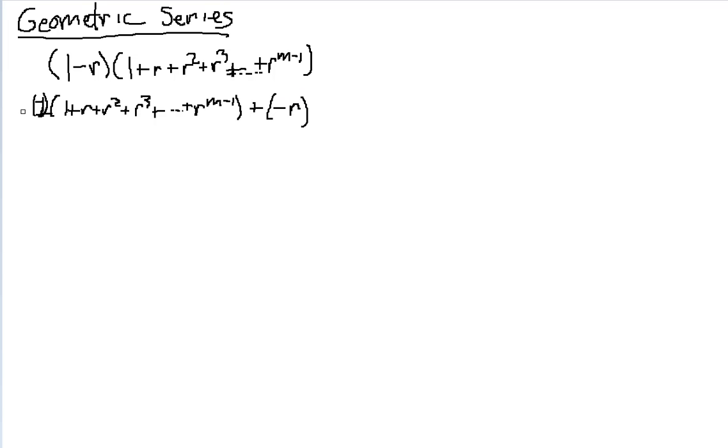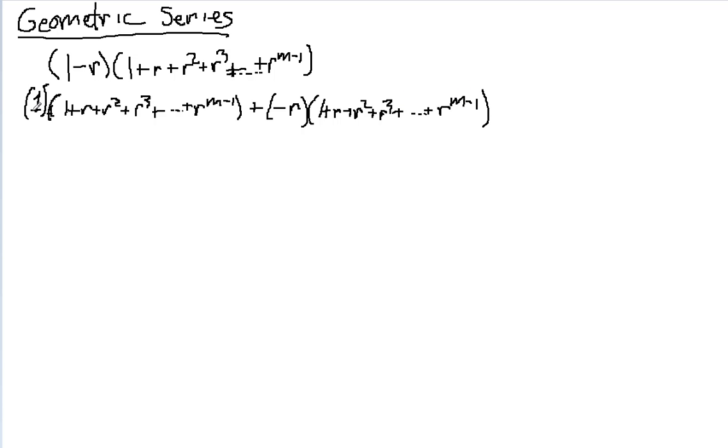I'm really not liking this here, so I'm going to erase this and make this into a definite 1. 1 times this, and negative r times the same thing. Just using the distributive law here: r cubed plus ... plus r to the m minus 1.